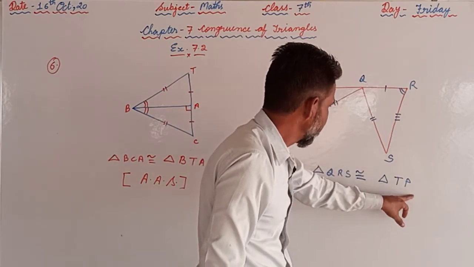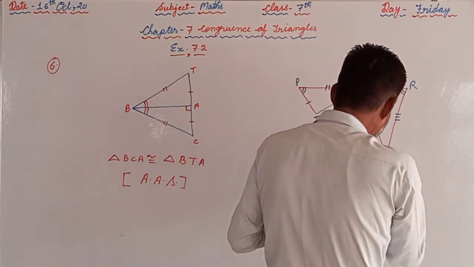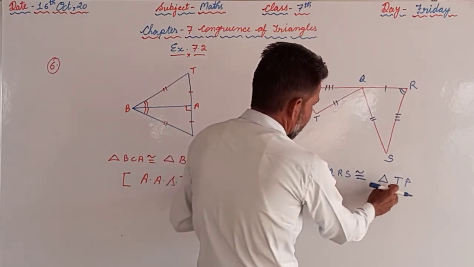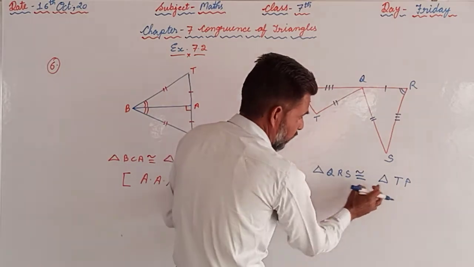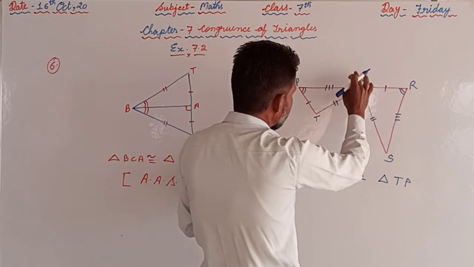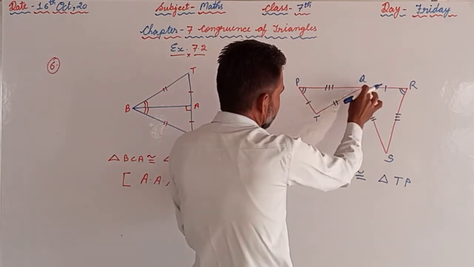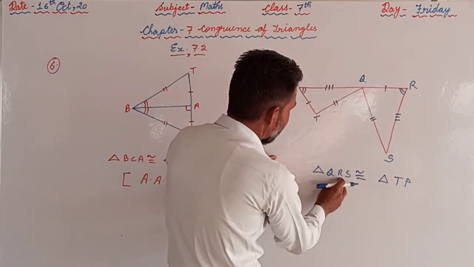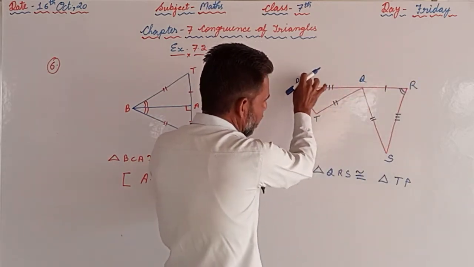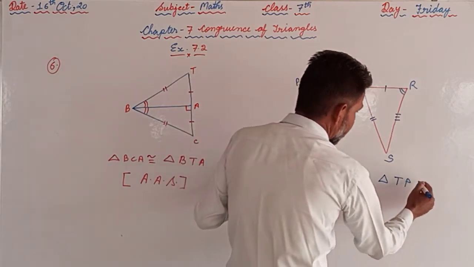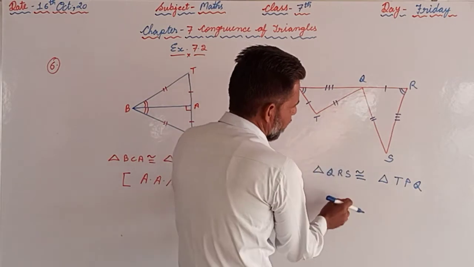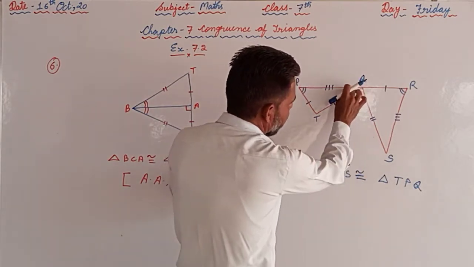So TP Q. Angle Q is equal to angle T. If we are looking at this, angle Q is equal to angle T, means this is equal to this, and then R is equal to P, and then the remaining is TPQ, and that angle S will be equal to this angle.